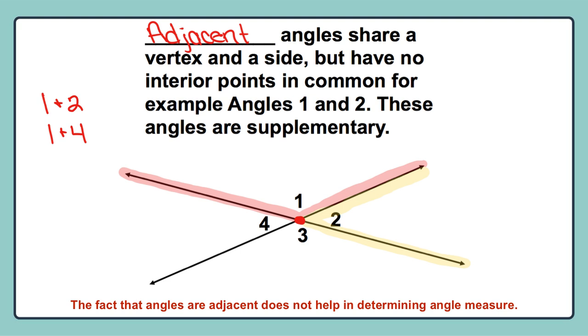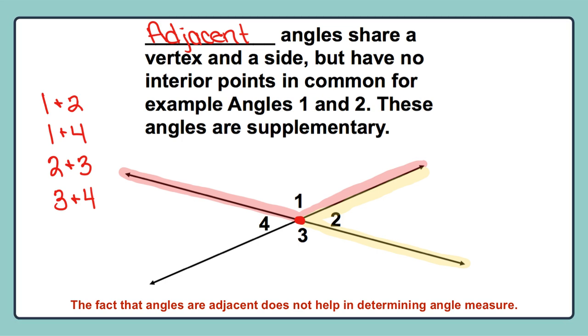Micah? 2 and 4? 2 and 4 share a vertex, but they do not share a side because they are across from each other. 2 and 3. Liza Jane? 4 and 3. Very good. Those are all the adjacent pairs in this picture.